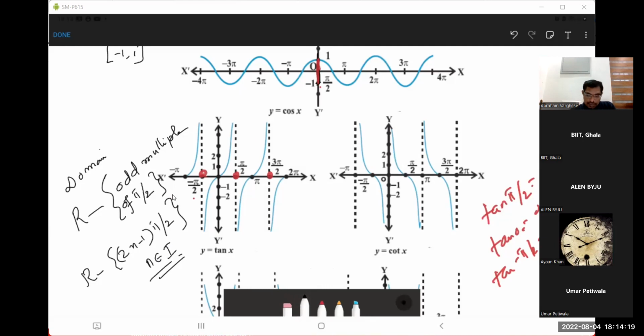Please note down. After doing this one, you can find the range. Find the range of tan x. So first you write the domain, then you can write the range. Any question, please?